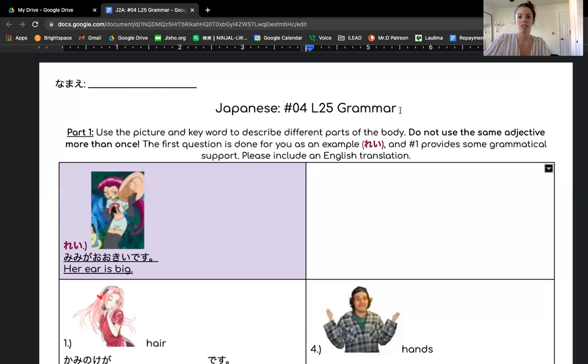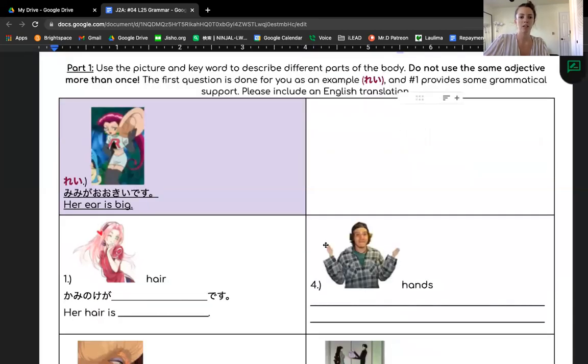Okay, so let's start with our example. So here we have a picture of a woman with a large ear, big ear, yeah? We can describe her hair, whatever, we can describe different parts of her, but what's most obvious here is the big ear.